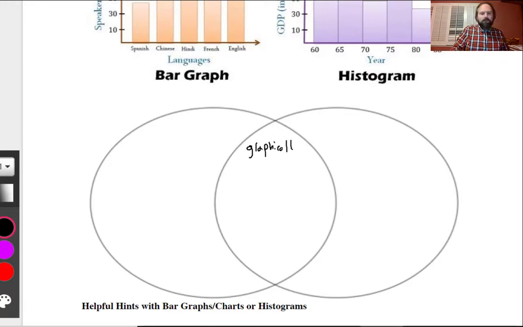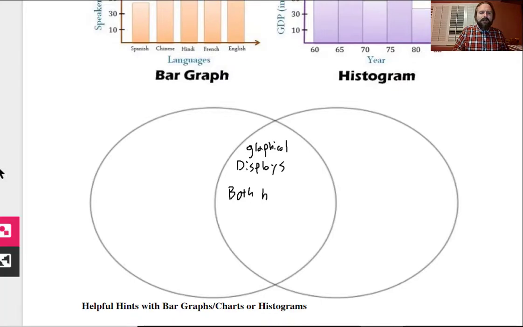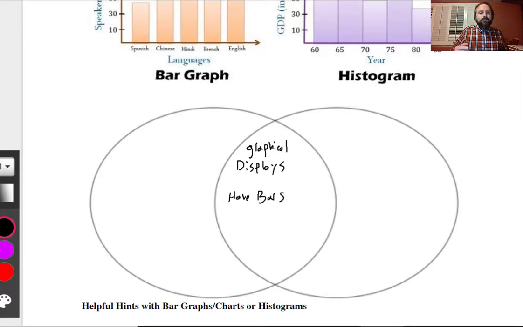Graphical displays of data. Now they both have bars. So maybe instead of both, because this is the both part right here, I can just write: have bars. And that's the visual representation.